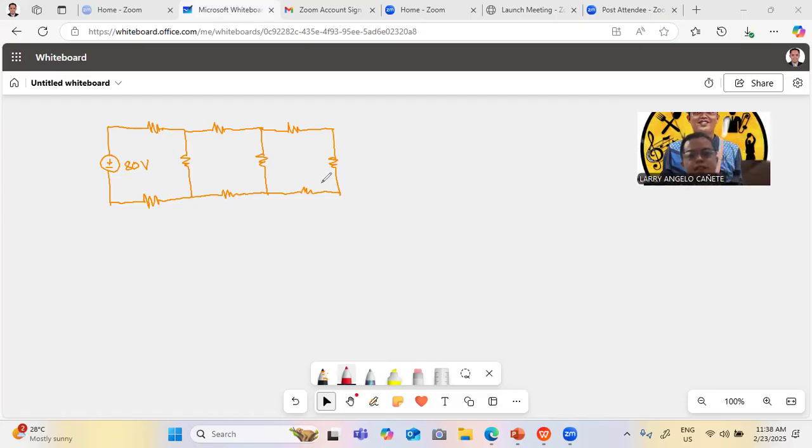Okay. So with this, if the given resistance is 2 ohms, this is 4 ohms, 6 ohms, this is 8 ohms, 12 ohms, this is 10 ohms, and then 20 ohms, and then 40 ohms, and then 60 ohms.